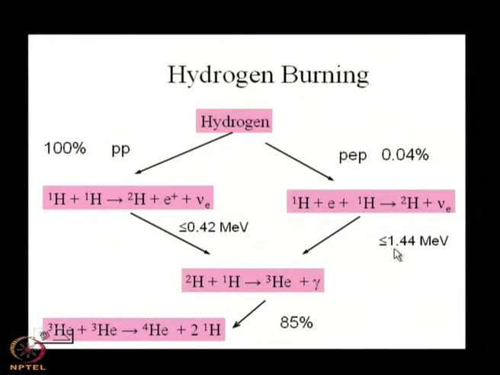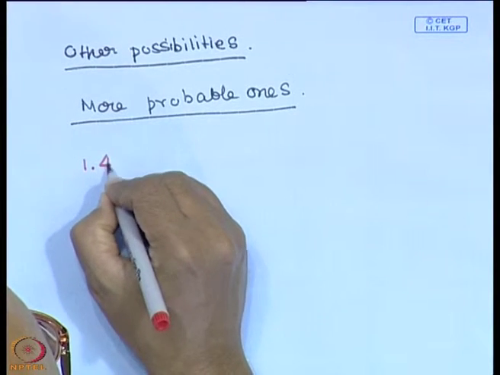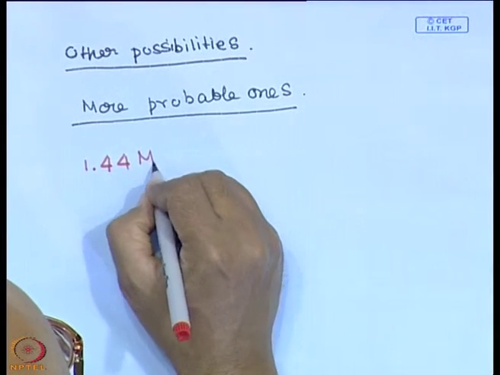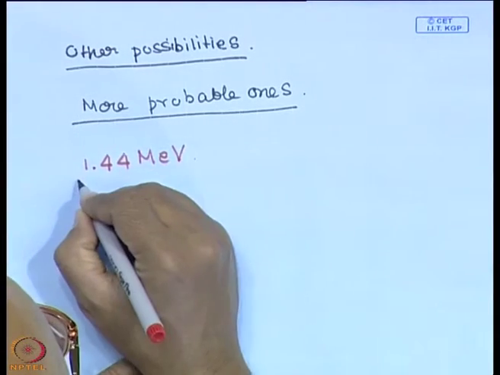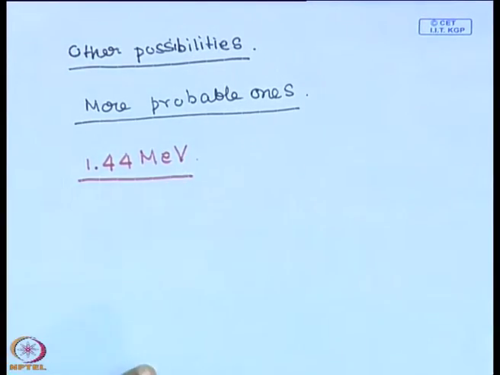The energy of the neutrino is 1.44 MeV, and you see the neutrino here has a much lower energy as compared to the neutrino in this. So, this 1.44 MeV neutrino is easier to detect from the earth.